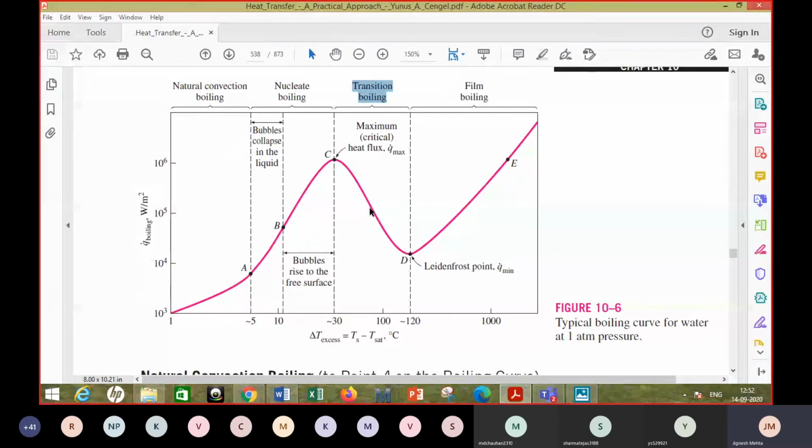Now, vapor, like air or any gas, is a bad heat conductor or convector, right? So because a large portion is covered by vapor, the heat is not that effectively carried away from the heater surface to the bubble or to the liquid or to water, right?